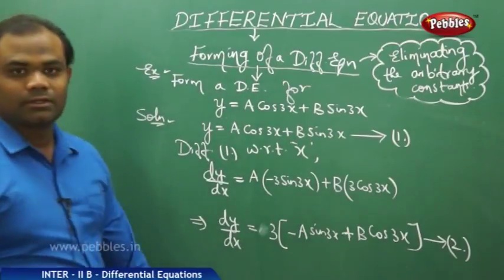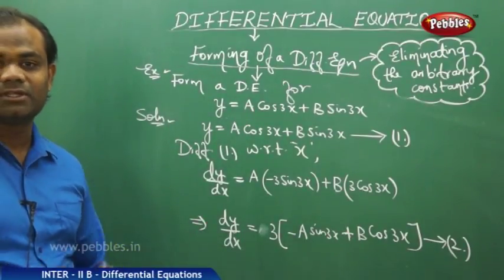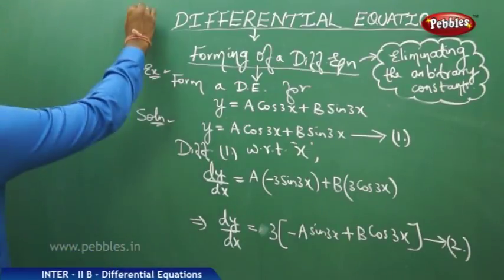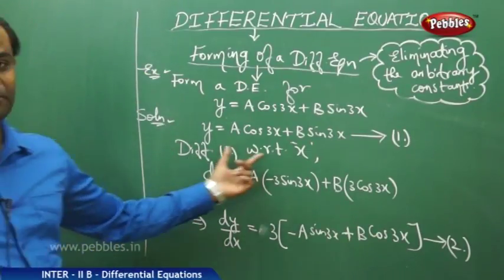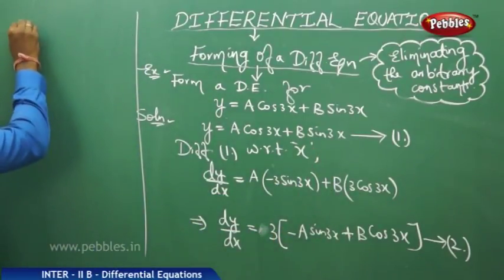Now it is here that we are going to differentiate this and see what happens in the second differentiation. So in a similar process as I differentiated 1 with respect to x, I'm going to differentiate equation 2 with respect to x.